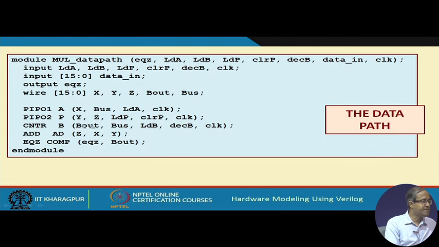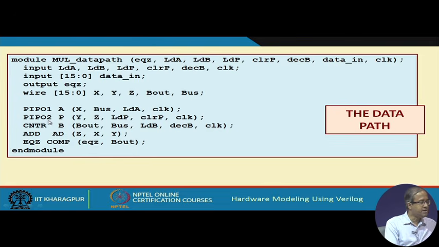So, we are instantiating the registers one by one. This is A, this is P, this is B. There are two kinds of parallel in parallel out register. One is a register without a clear, I am calling it PPO 1. A is the instantiated name and these are the parameters. Output is X, input is bus, the controls are load and clock.